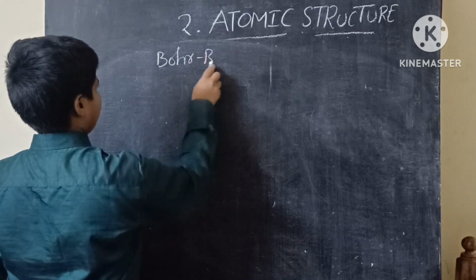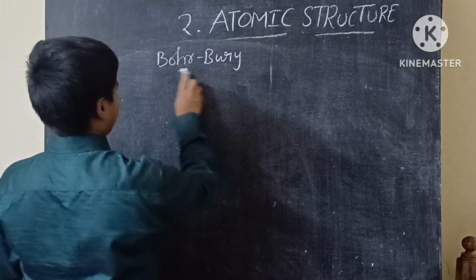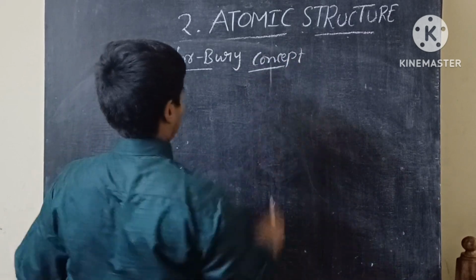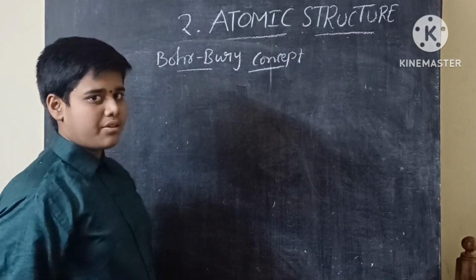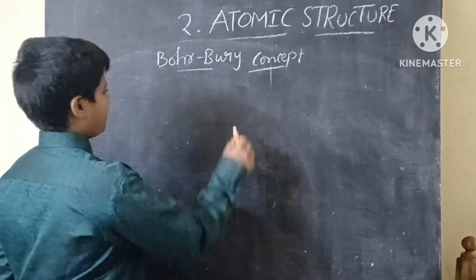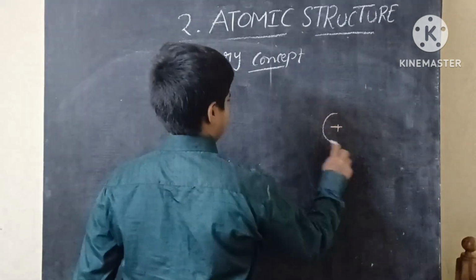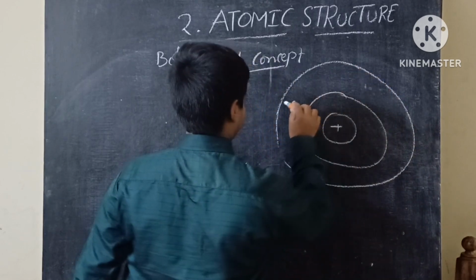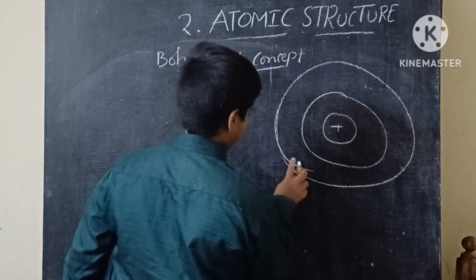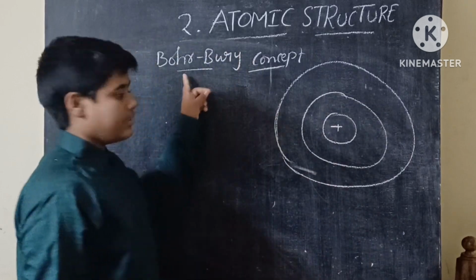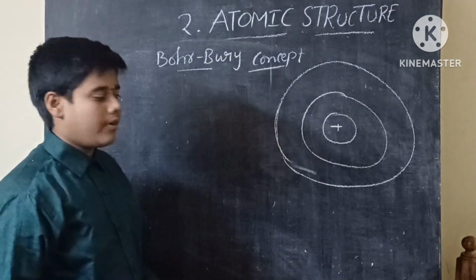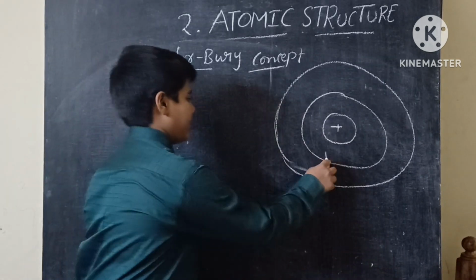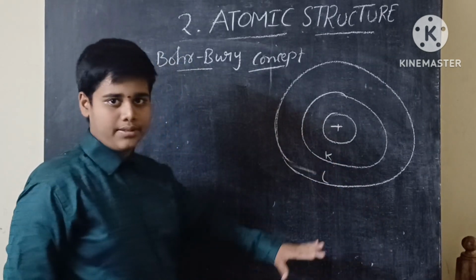Okay, Bohr-Bury concept. Next. Bohr-Bury concept means, if I take an atom like this, in this Bohr is a physicist who found the atomic quantum numbers, which means K, L, M orbit numbers.